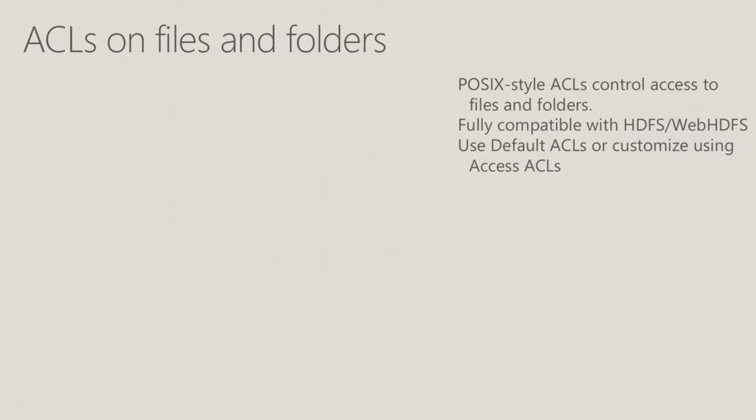ACLs on files and folders. For those who are familiar with HDFS, because we built the store from the ground up to cater to HDFS workloads such as HDInsight, we followed the HDFS POSIX ACL model.